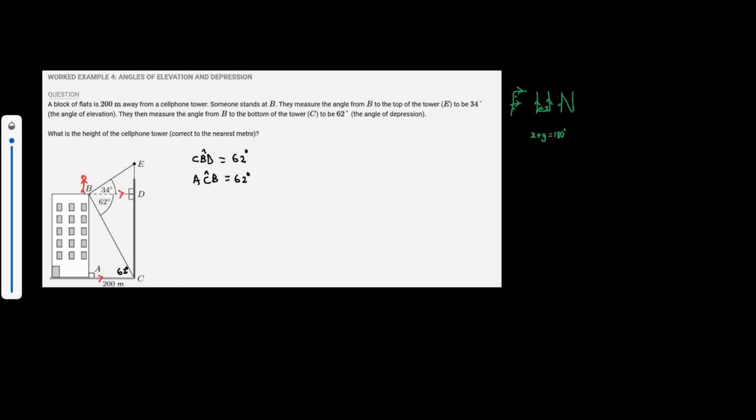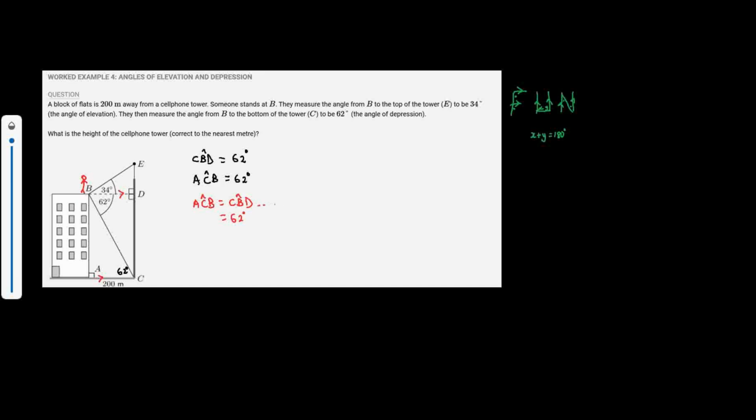And lastly, the N or the Z shape is what we call alternate angles. Specifically, I'm looking at the alternate interior angles. And we know that alternate angles are equal when the lines are parallel. And since BD is parallel to AC, it implies that angle ACB is equal to angle CBD, which is equal to 62 degrees.